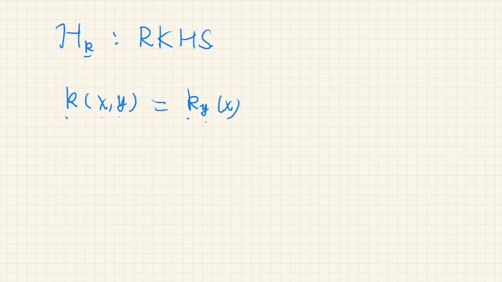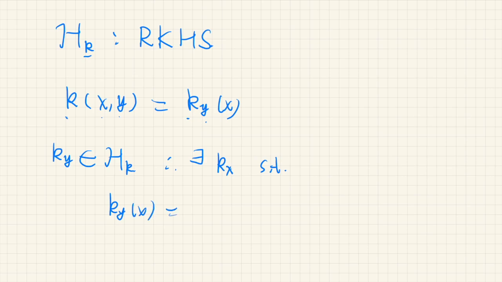First, let's show it is symmetric. So first of all, this ky is a reproducing kernel, a function in Hk. Therefore, there exists some function which is a reproducing kernel, kx, such that ky of x is equal to the inner product between ky and kx.